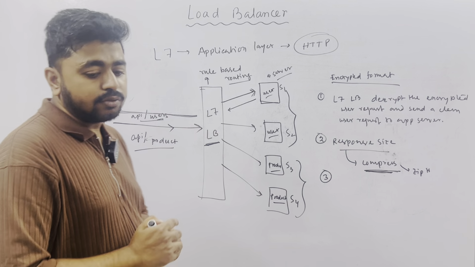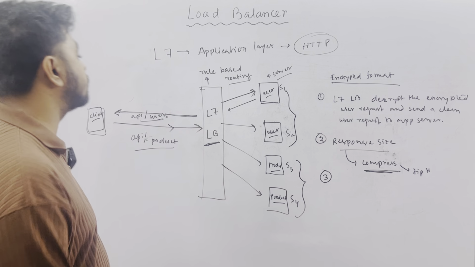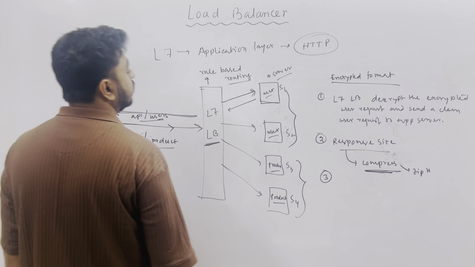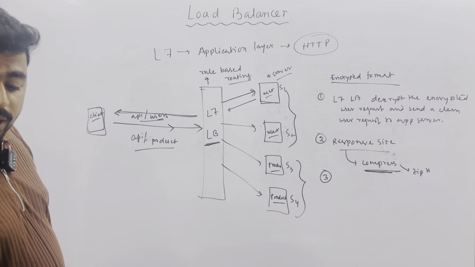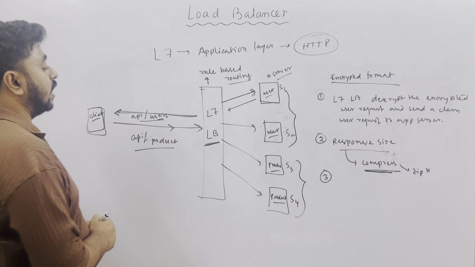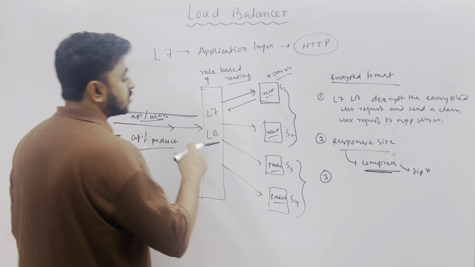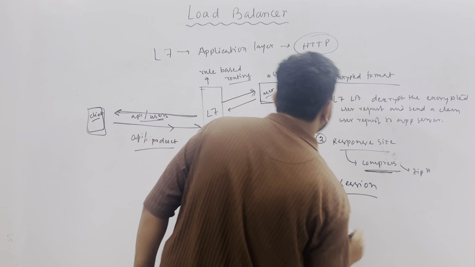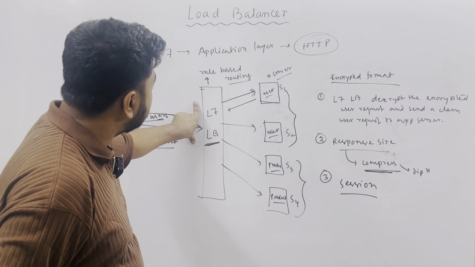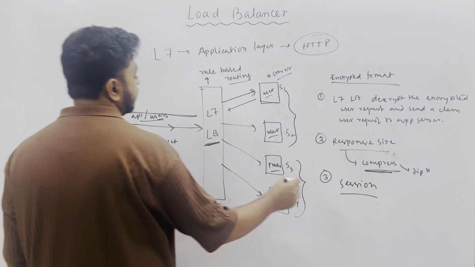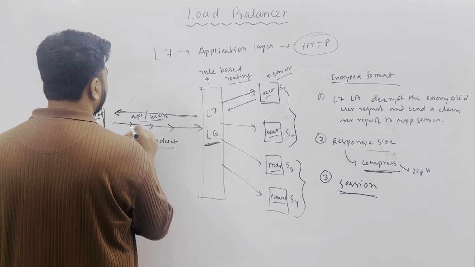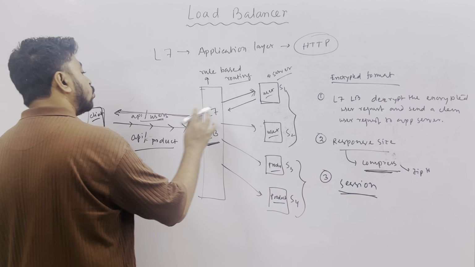In the next lecture we will understand what algorithms this load balancer uses to distribute traffic between the applications. Oh, another thing I forgot to tell you: in L7, earlier we discussed sticky session. If you use an L7 load balancer, you can use sticky session, where each user request will always go to one server.